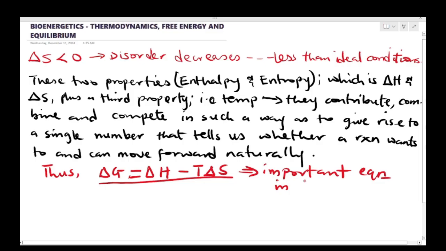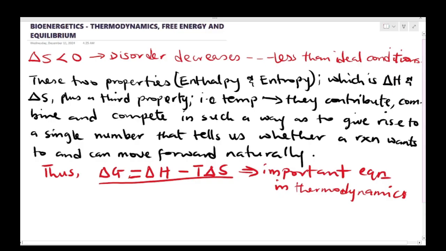So in thermodynamics, I think I'm writing too big these days.